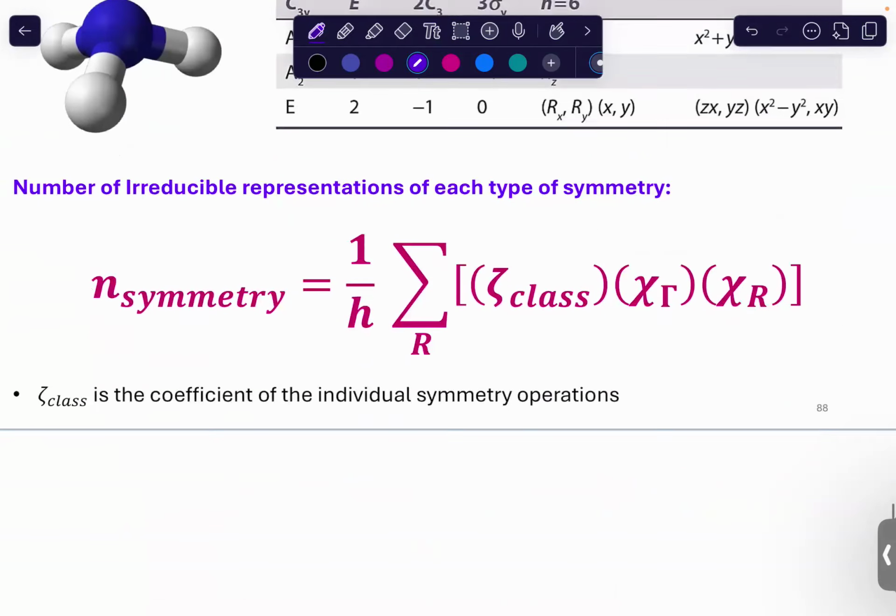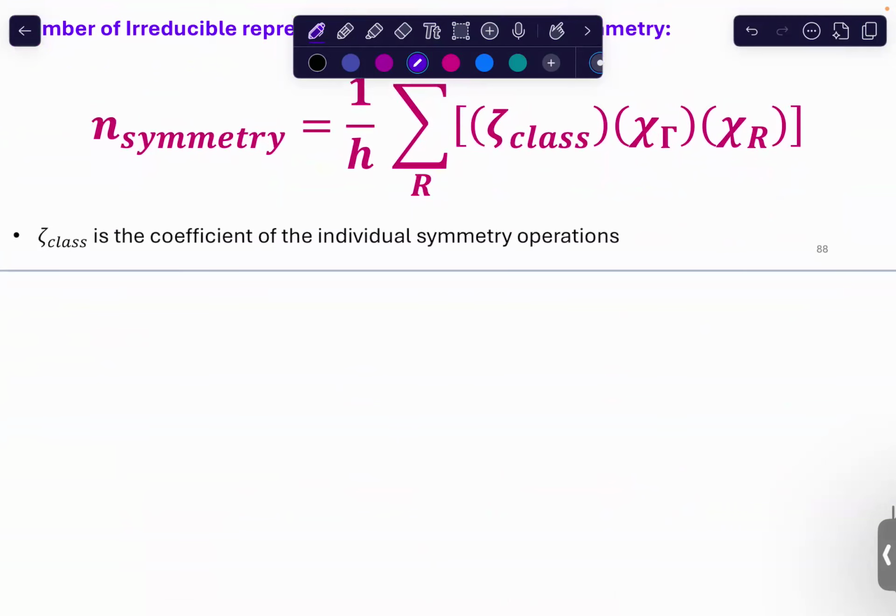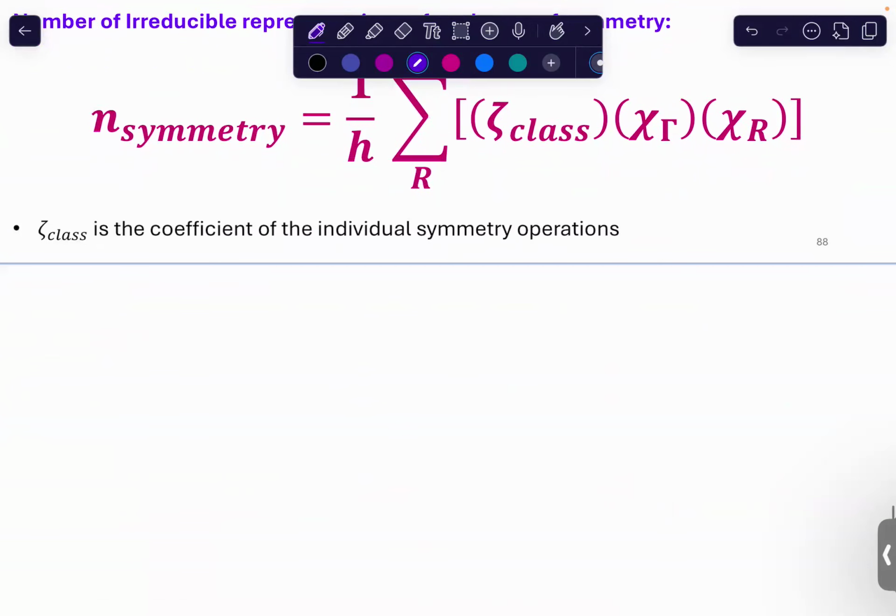Okay. Now, the first, this is not the best way to put it, but we're going to look for two different types of reducible representations that will form our overall reducible representation.